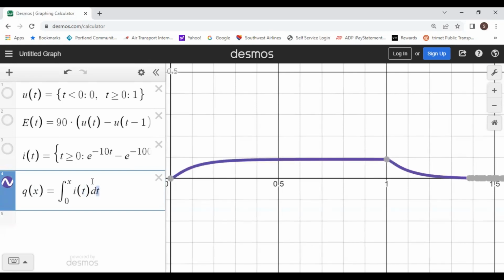As always, Desmos is particularly sensitive to the letters that are used in its definition, and you can't use the same variable, just as in regular math, for the inner part of an integral and the outer part. But if you want to do a graph of numerically computed antiderivatives, this is how you can do it. It's not a very fast process, but it does eventually produce a graph.